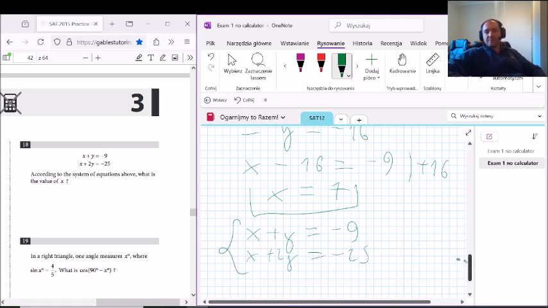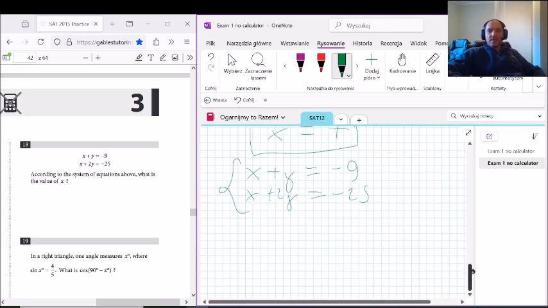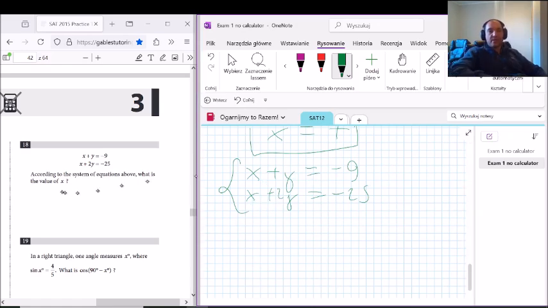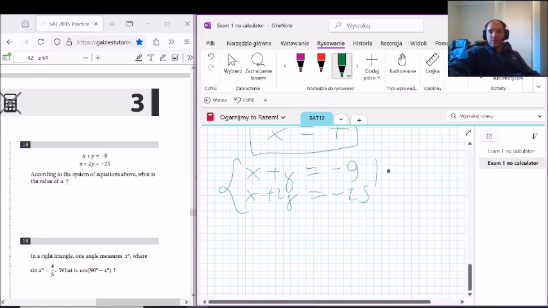The method of substitution states that we can take one equation, determine one of the variables from this equation, and substitute this into the other equation. So for example here, we want to have x. So let's determine y from the first equation. So we will need to subtract x. And we get y equals minus 9 minus x.